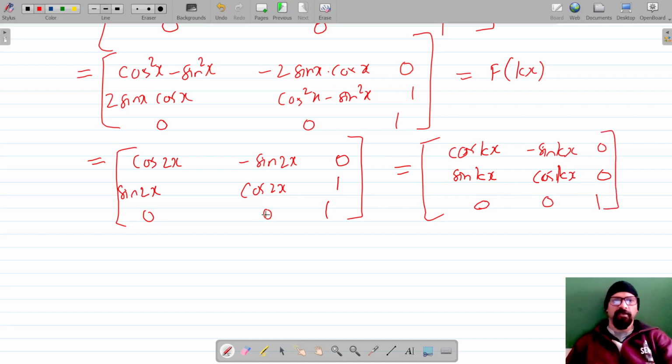So this is f of kx. So at last I have equated these, and we have to find the value of k.